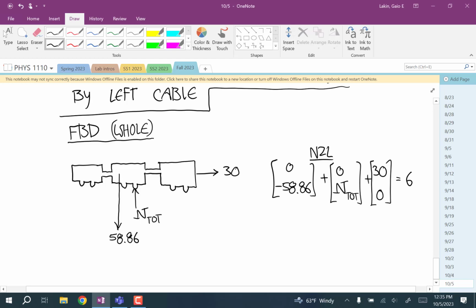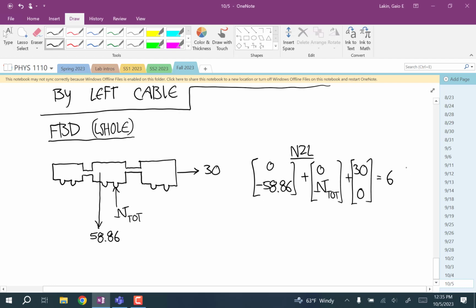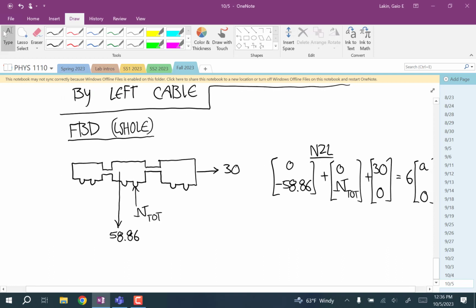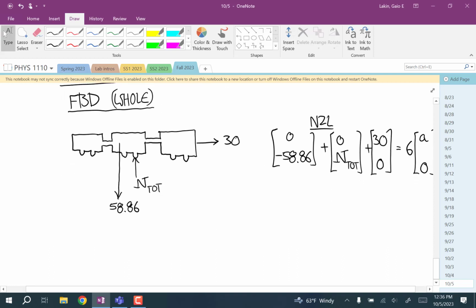Is this thing moving along the x-axis or the y-axis? X. So I'll write this as a, 0. And I get two equations. The x equation says 0 plus 0 plus 30 is equal to 6a.